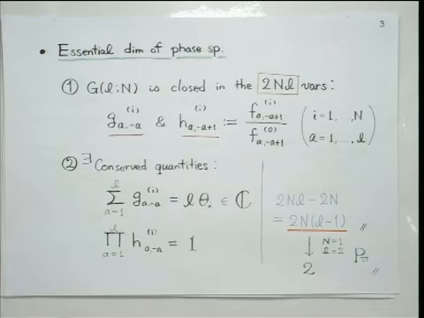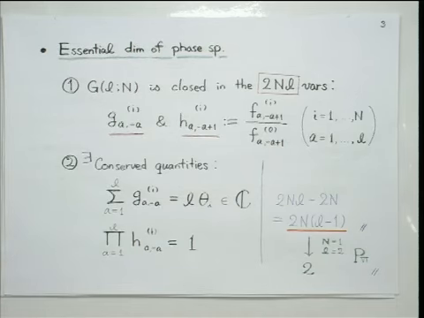Now, I'd like to demonstrate the computation of the essential dimension of the phase space of the generalized Garnier system here. Firstly, this expression is quite redundant in the following sense. The generalized Garnier system is closed, in fact, in the following 2nL variables here: g of a and minus a, and h, which is the ratio of f variables.